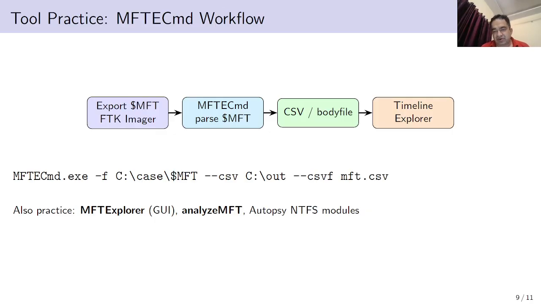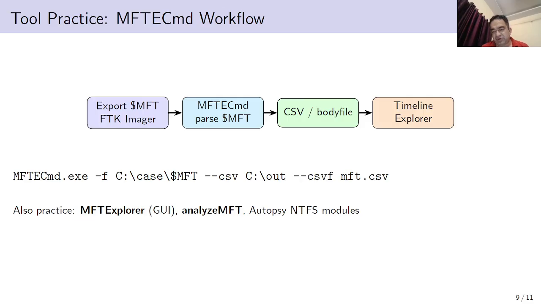Now this is the hands-on pipeline. Export the MFT via FTK Imager, then MFTECmd, then CSV or bodyfile, then Timeline Explorer. Include the sample command lines so you can type them inside any virtual machine where you want to practice.